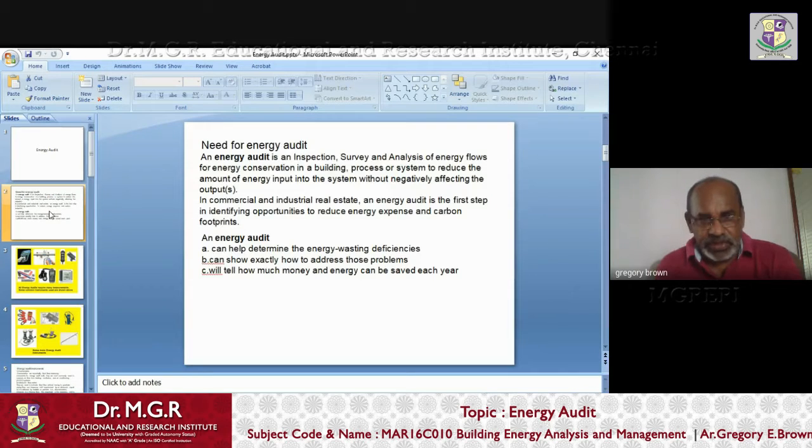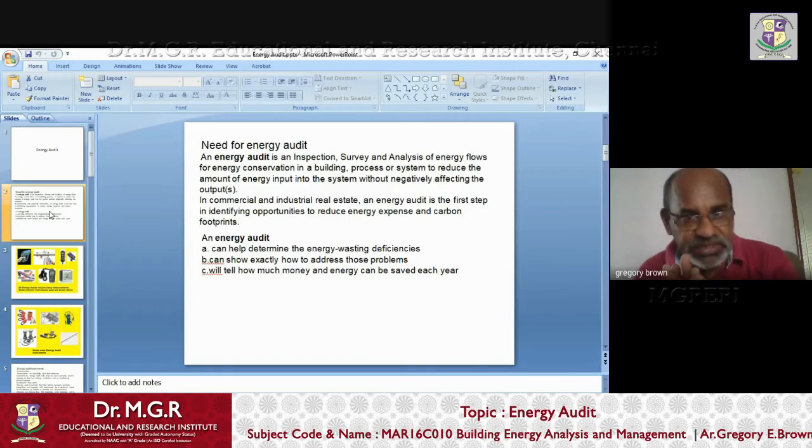So an energy audit is an inspection, survey and analysis of energy flows for energy conservation in a building, process or system to reduce the amount of energy input into the system without negatively affecting the outputs. So it's a bit long sentence. We'll go over that again. It is an inspection, survey and analysis.